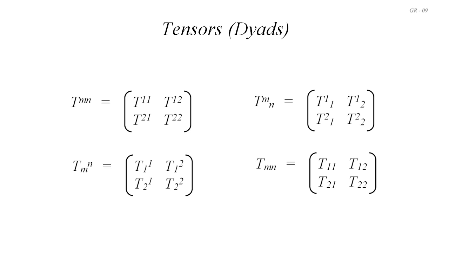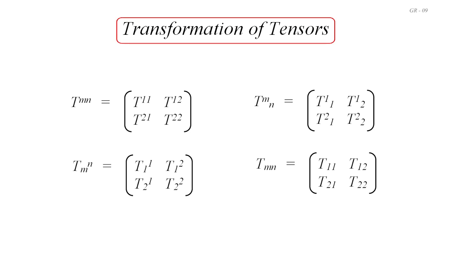However, another extremely important way in which they differ from one another will be the way they transform from one frame of reference to another. They will require different mathematical manipulations.